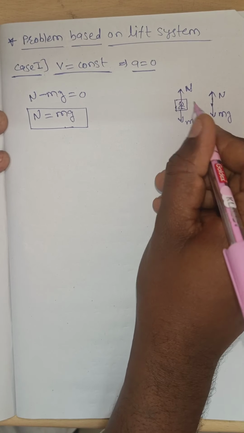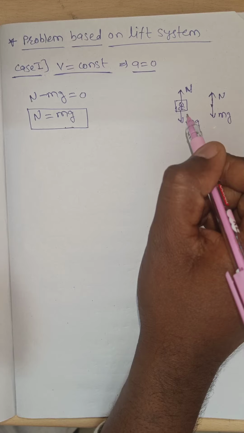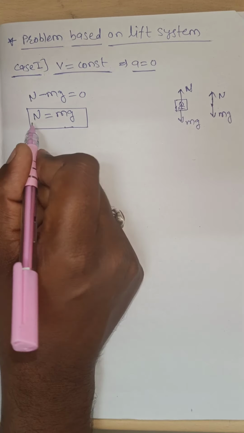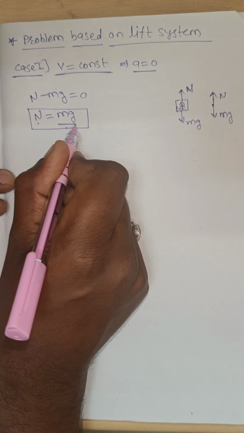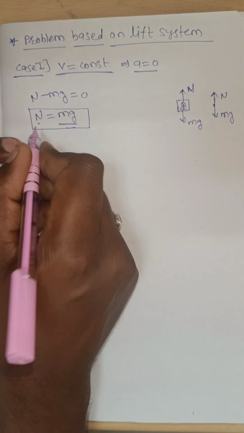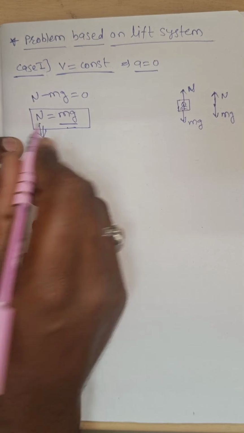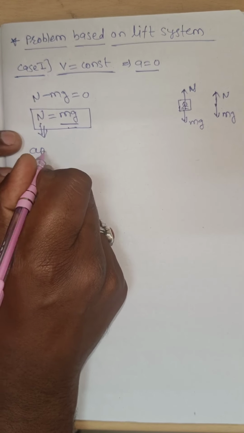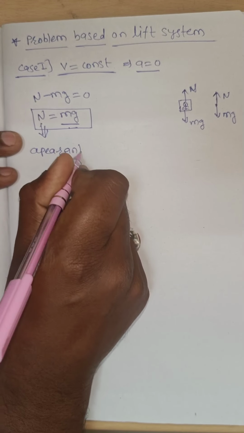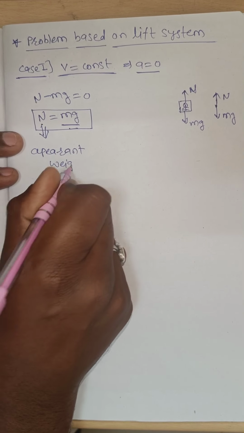In that case, the person who is standing on the lift appears to have a weight of mg. Whatever the normal reaction is, we have to treat it as the apparent weight of the person.